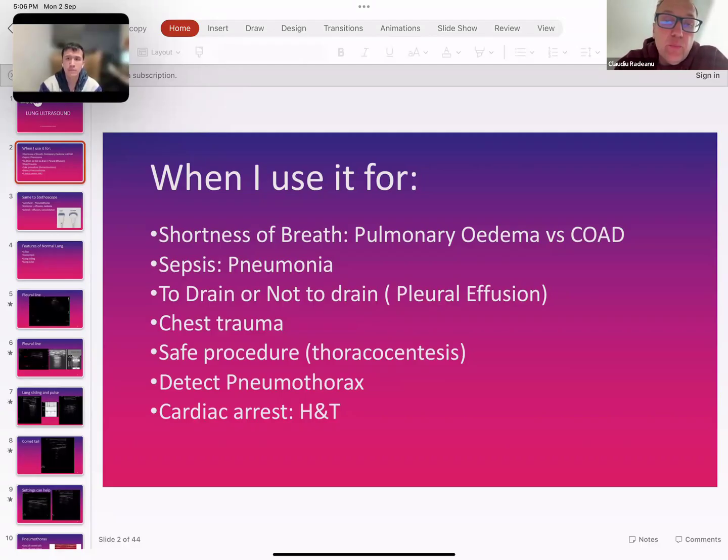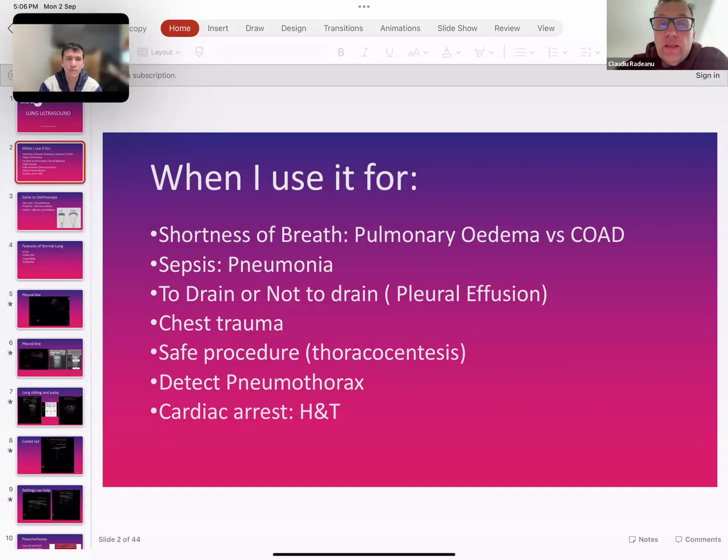So again, when you do a procedure, the diaphragm migrates with respiration, and we think that the fifth intercostal space is the safest one. However, sometimes if you have hemidiaphragm paralysis, that diaphragm can be at the fifth intercostal space easily.